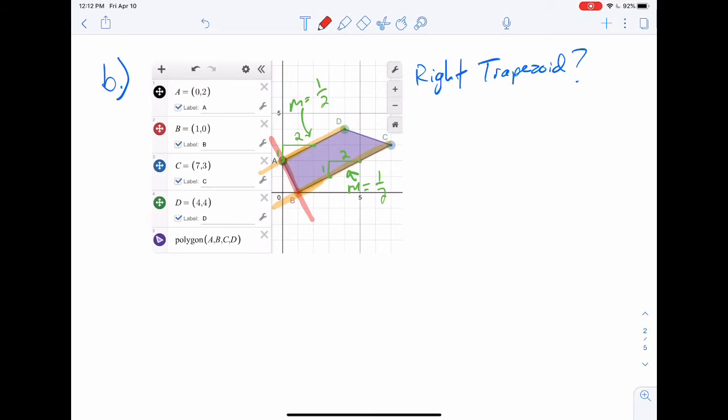So let's look at the slope of this line. We go from here to here. We go down 2 and over 1. So that's -2 over 1.